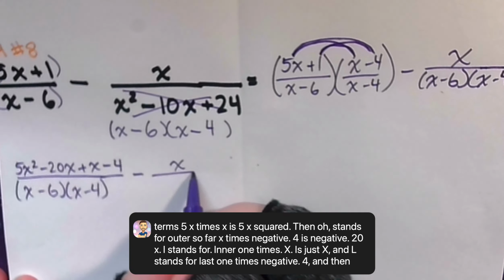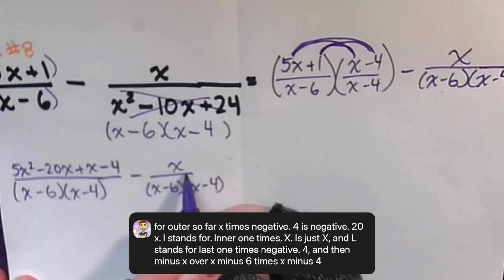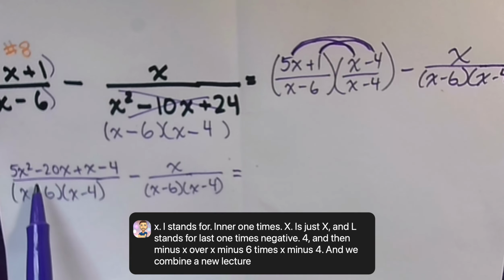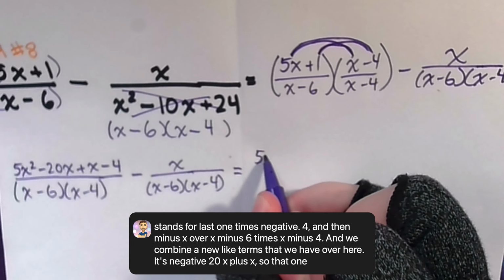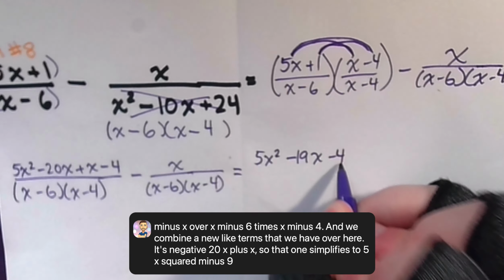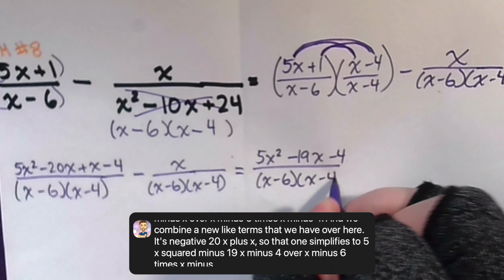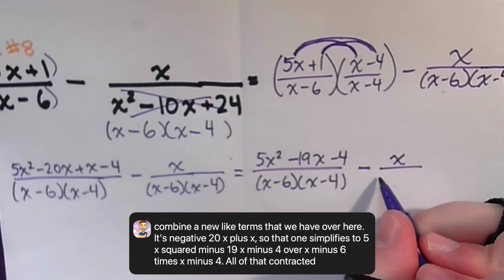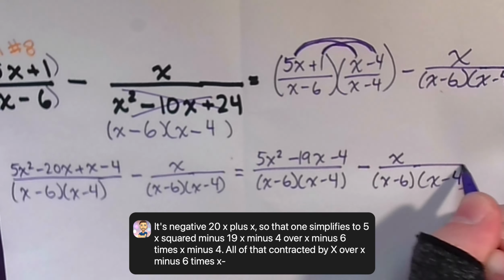And then minus x over x minus 6 times x minus 4. And we combine any like terms that we have. Over here it's negative 20x plus x. So that one simplifies to 5x squared minus 19x minus 4 over x minus 6 times x minus 4, all of that subtracted by x over x minus 6 times x minus 4.